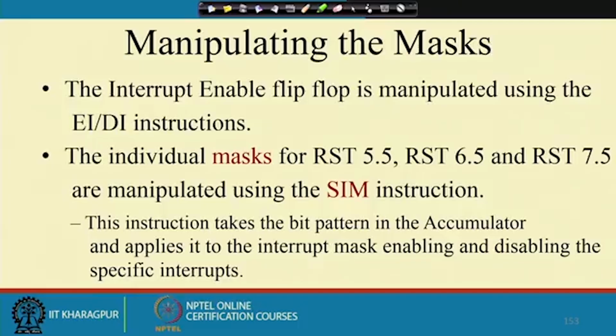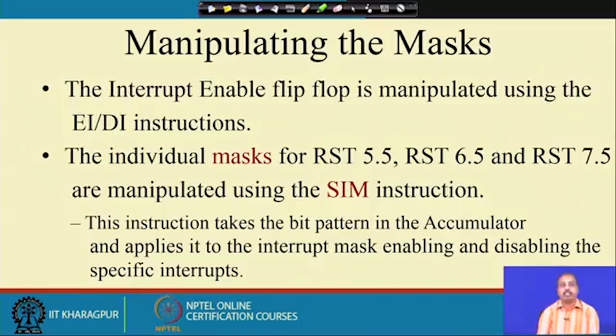This instruction takes the bit pattern in the accumulator and applies it to the interrupt mask, enabling and disabling specific interrupts. So first of all, we have to set the accumulator to a particular bit pattern, and after that when SIM is executed, the individual bits of the accumulator will have some special meaning, as we shall see.